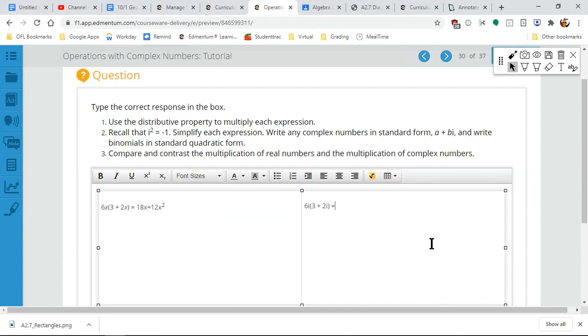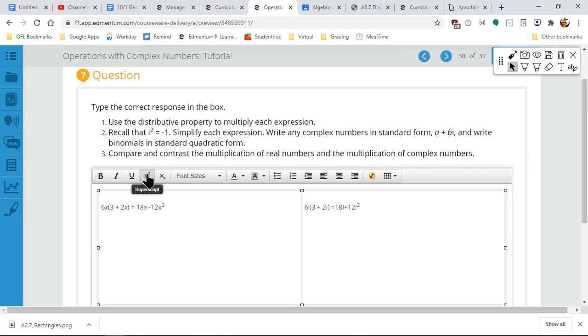If we're doing this with i, what we would end up doing is the same thing. They literally give you the same example, but the i squared makes it a little different. So we get 18i plus 12i squared, because it's i times i. But this i squared is the same thing as -1. They're reminding you that i squared is the same thing as -1.